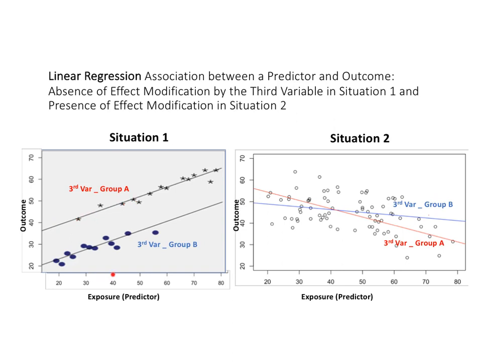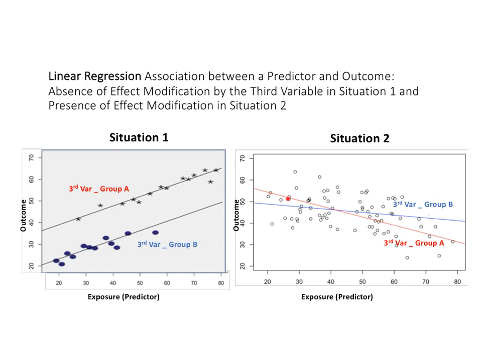Each increase in exposure determines the same increase in the outcome for group A and group B, then absence of effect modification. In situation 2, you may see these lines are not parallel.